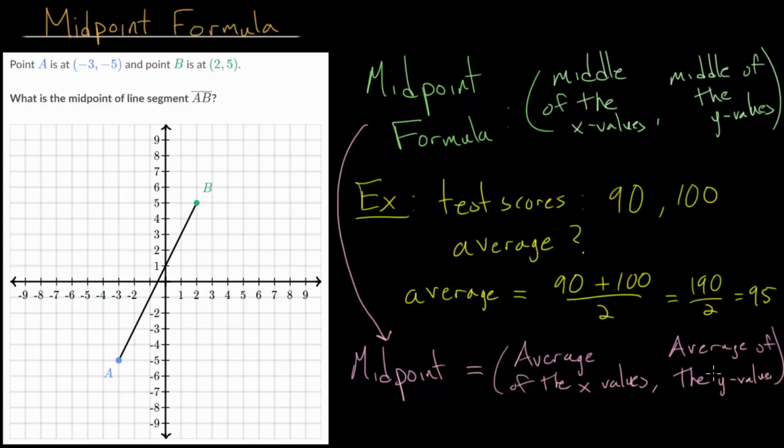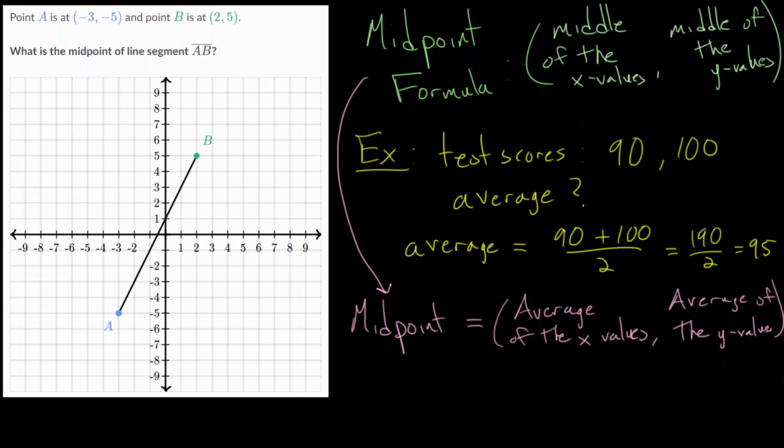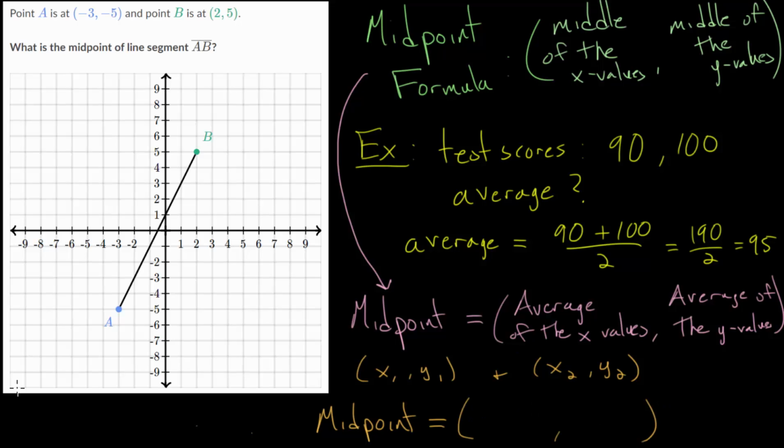So let's now talk very generally. Let's say we have 2 points somewhere on the coordinate plane. And we can call these points x1, y1, and x2, y2. So to find the midpoint of these 2 points, we're going to find the average of the x values and the average of the y values.